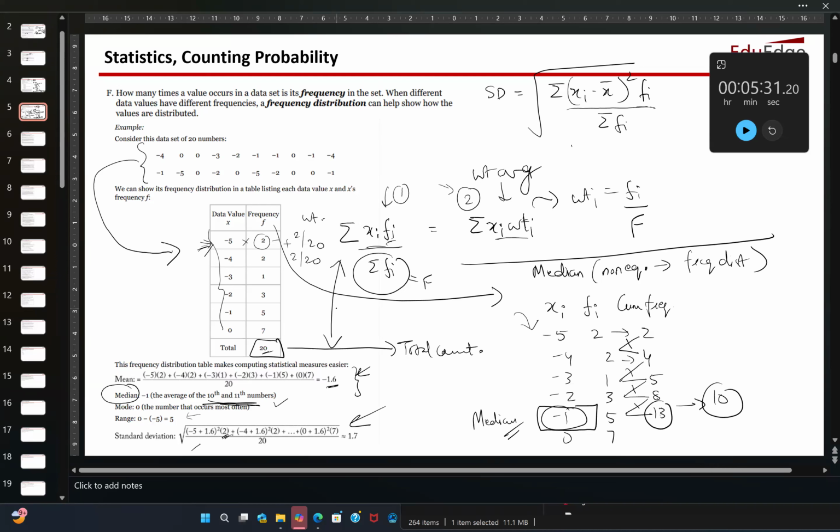So do you mean that I need to do minus 2 minus 1.6 into 3, like that? Yes, into whatever is the frequency. So if I'm taking the deviation square of this, -5 plus 1.6 whole square into 2, which is the frequency.